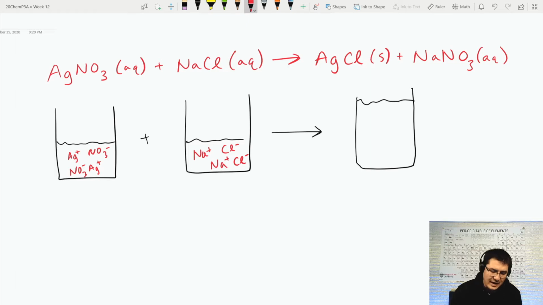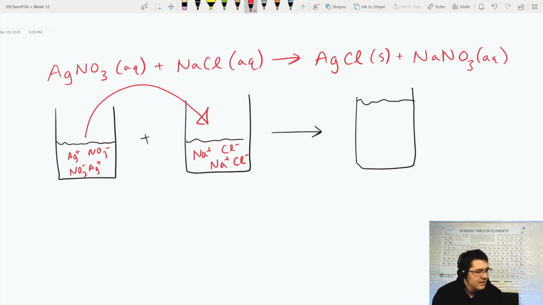Okay, and then I add this solution into the other, and I get a solid at the bottom. That solid is AgCl, and I'll try and balance this just to show you everything that's happening. I'd have all that AgCl solid kind of falling to the bottom of the beaker. You know, it starts out cloudy, but eventually it'll settle at the bottom.